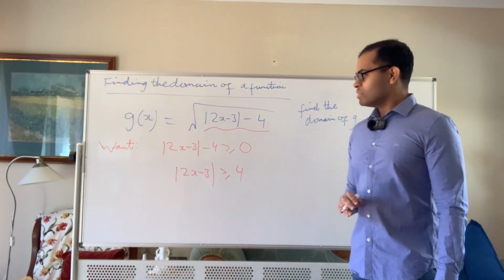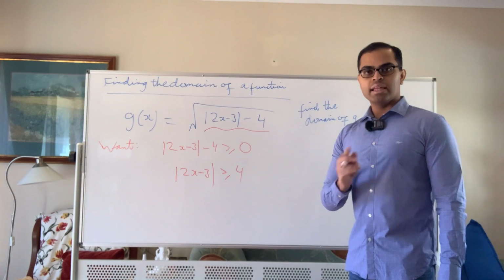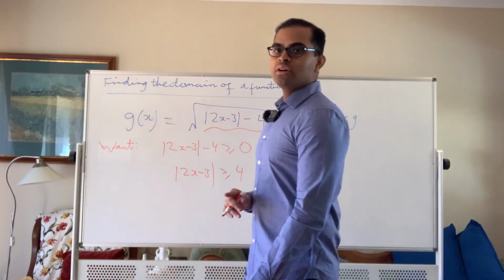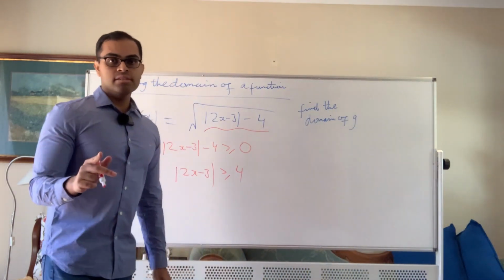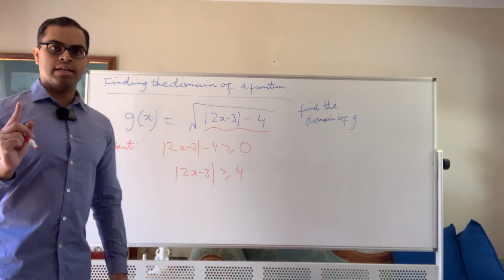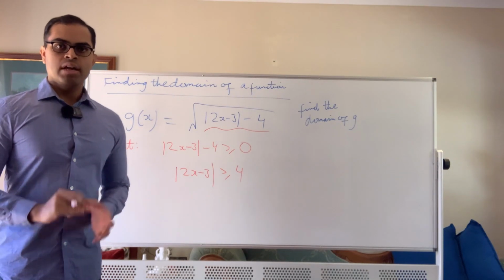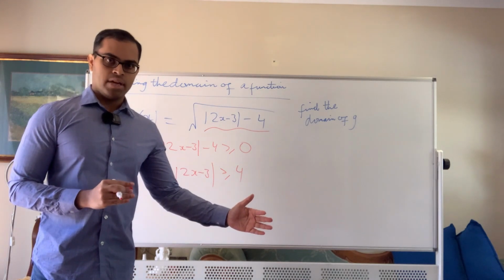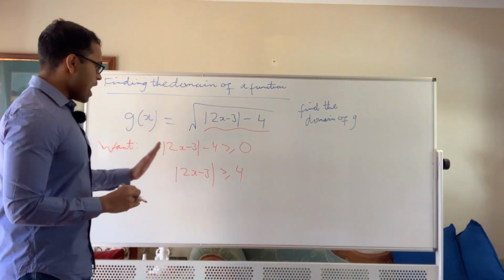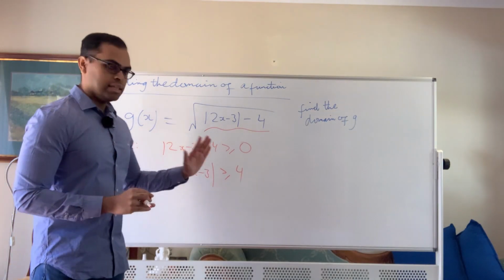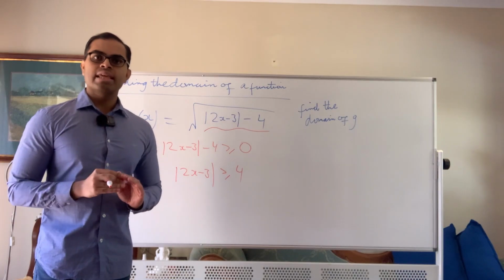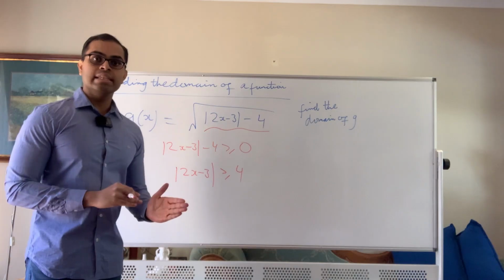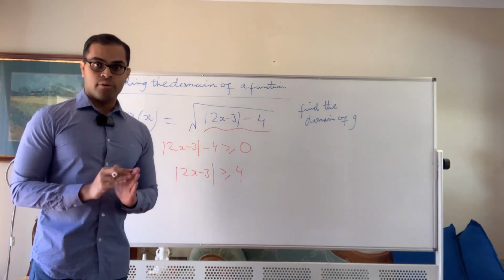Now when is the absolute value of 2x minus 3 at least 4? The way I like to think about this is to reduce it down to the basic idea of the absolute value. The absolute value of something is its distance from 0. So if the absolute value of 2x minus 3 is at least 4, that means 2x minus 3 is at least 4 units away from 0.